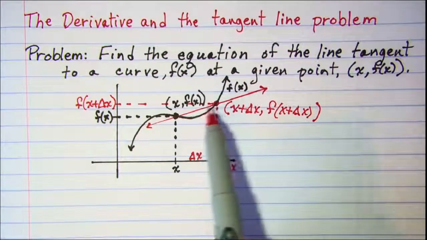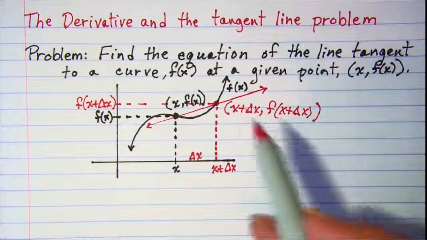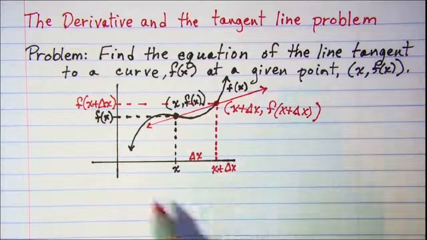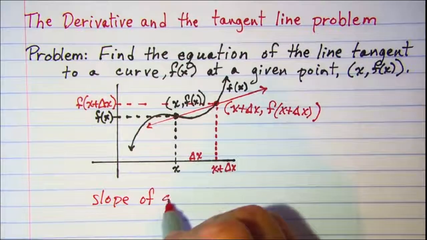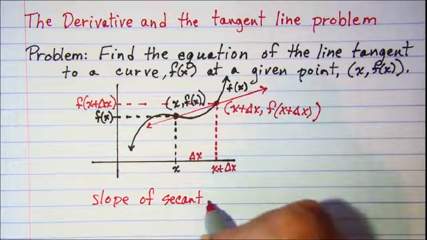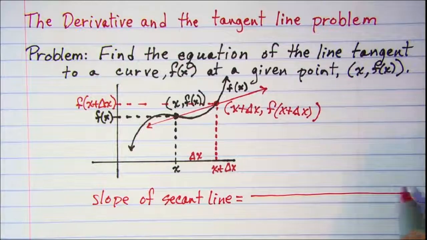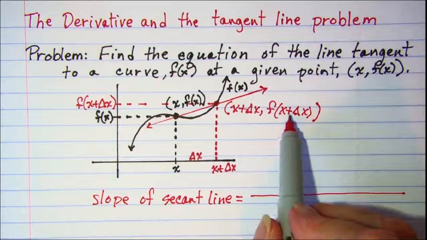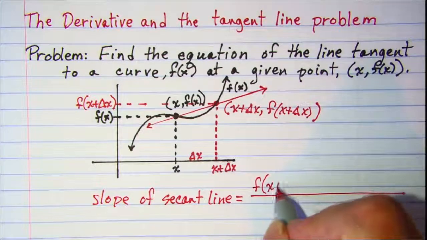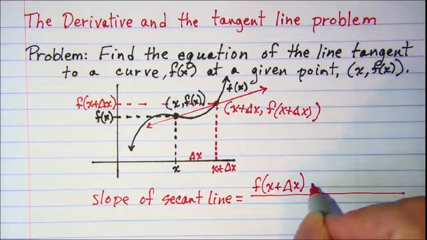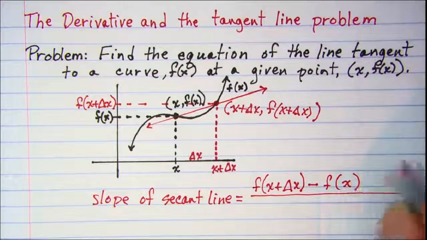Now we can find the slope of this secant line. Remember that slope is change in y over change in x. So our slope, we want the y coordinates subtracted. So we have f of x plus delta x subtract f of x. And that's the numerator.